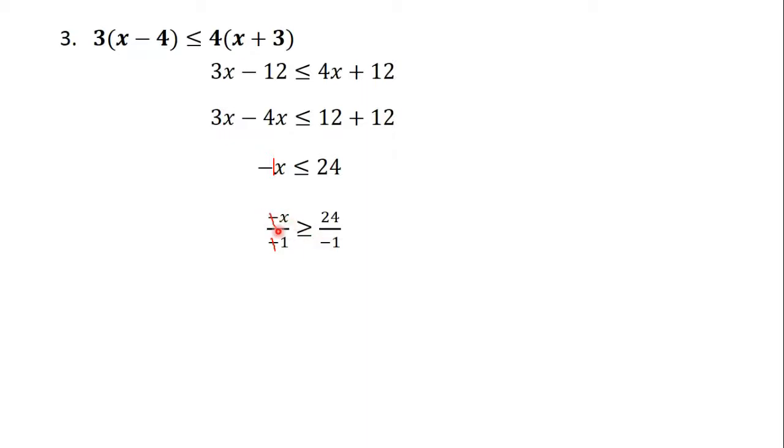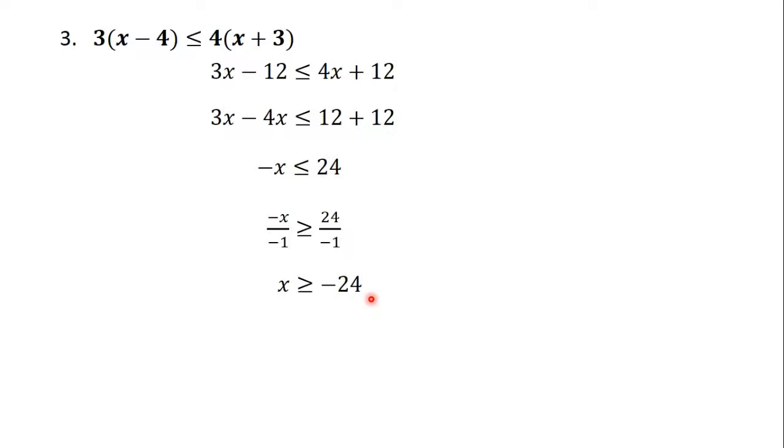So minus x divided by minus 1 will give us x. 24 divided by minus 1 will give us minus 24. Remember that whenever you get to this level and you have minus x is less than or equal to a number, don't leave your answer like that. Divide through by negative 1 in order to get x. So we have x is greater than or equal to minus 24.